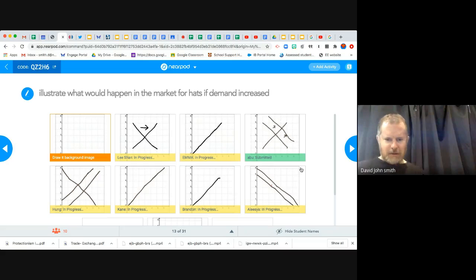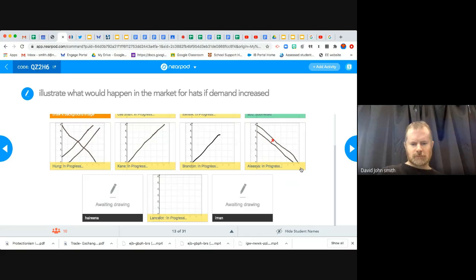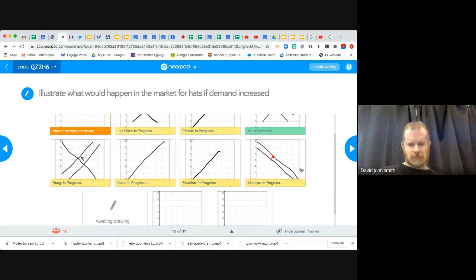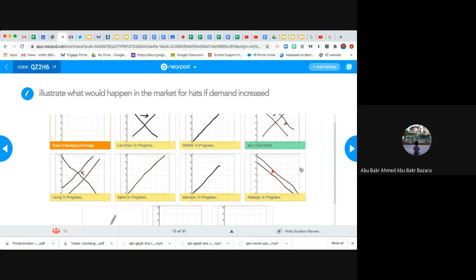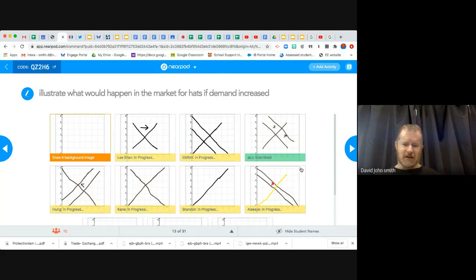Good work, Brandon. You need a supply and a demand. In the future, can it be curved or just straight lines? That's a really good question. There's not necessarily an easy way to tell you this. Well, there is. The easiest way is if they are straight lines, they're easier to use and easier to analyze.